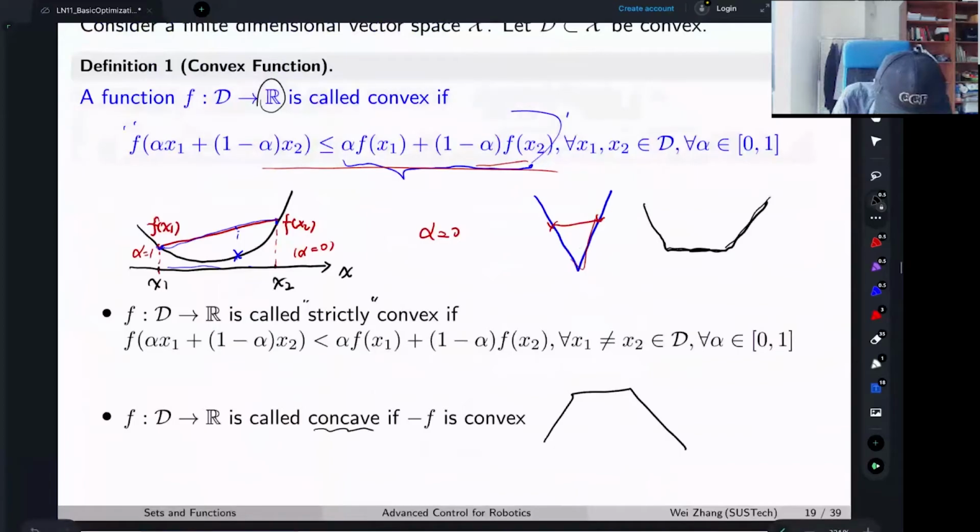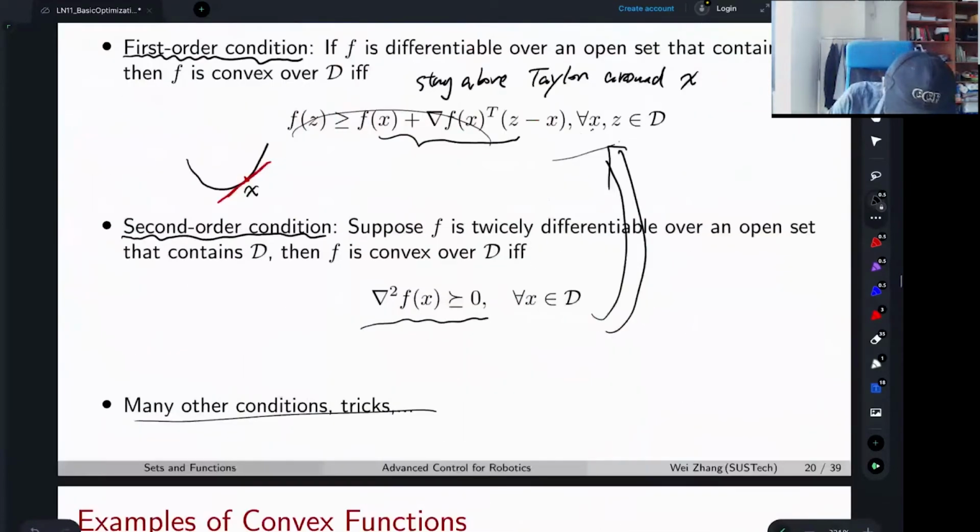Yes, concave means negative f is convex. For example, with the second order condition, concave means the Hessian is negative semi-definite for all x in the domain of the function.